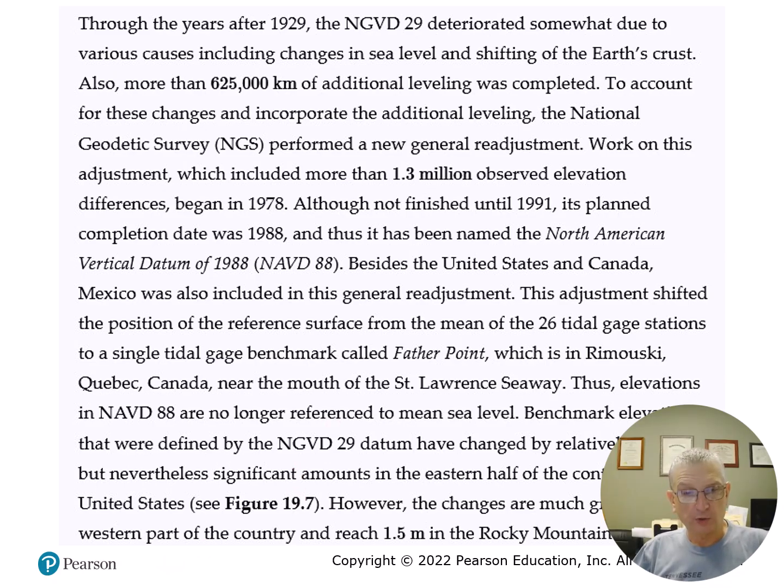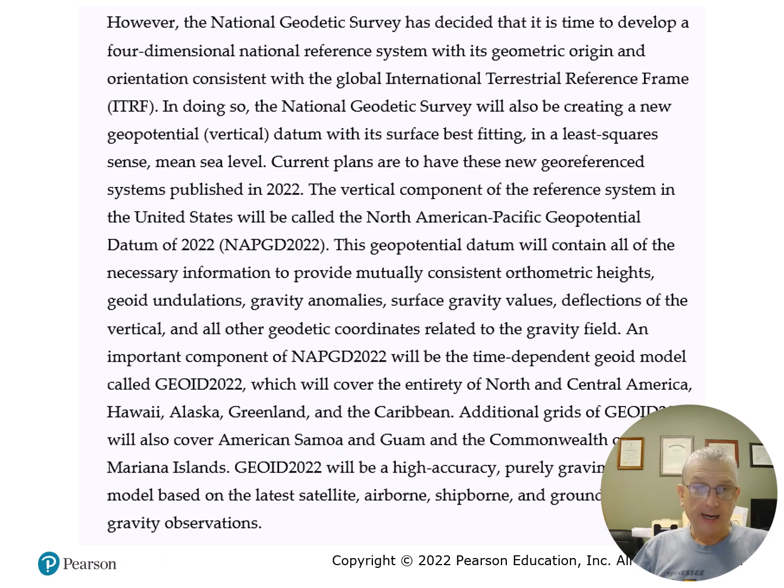And that's kind of important because now, these years later, especially since that time, GPS or GNSS has really evolved to where we can do really precise work with it.